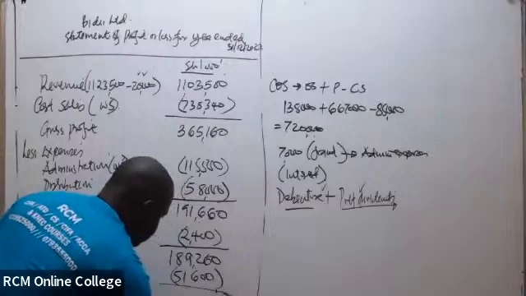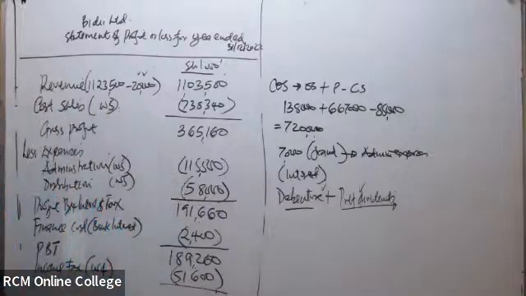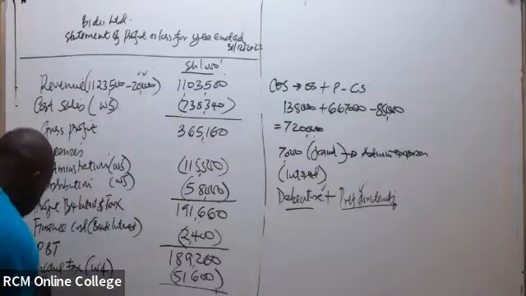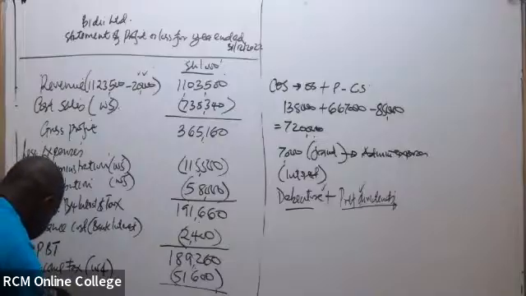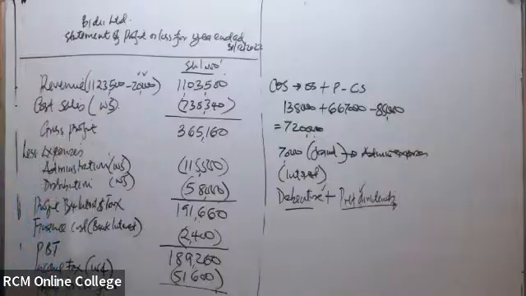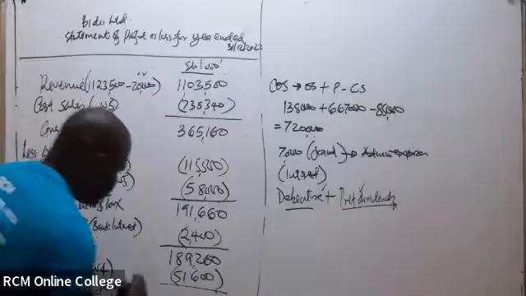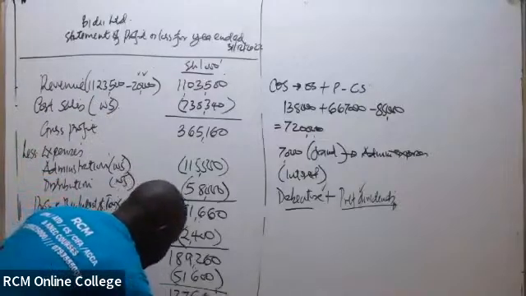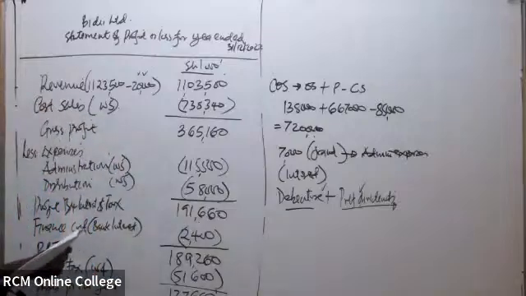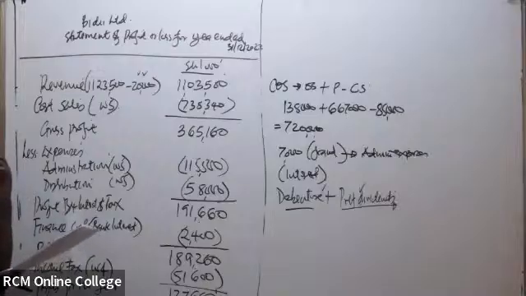So if you less that, how much are you getting as the profit for the year? It comes to 137,660. That is the profit realized for the year.